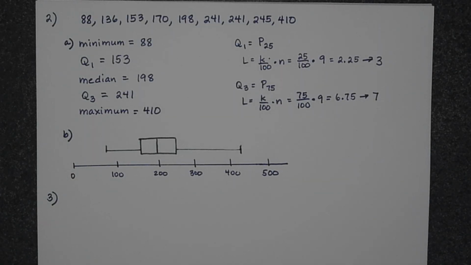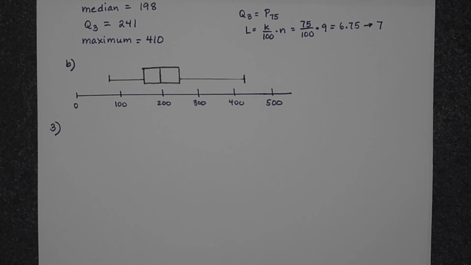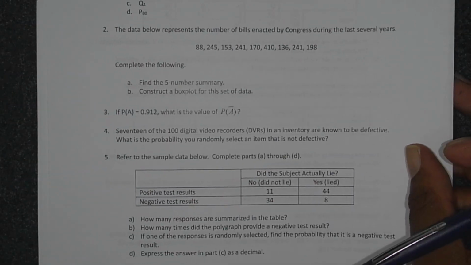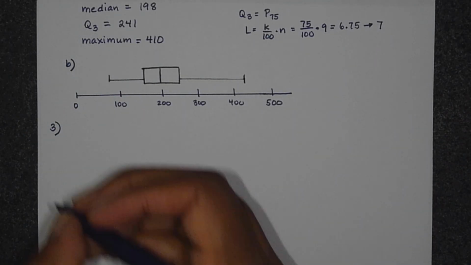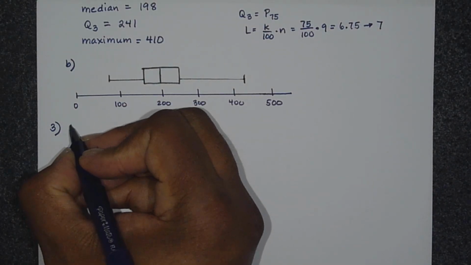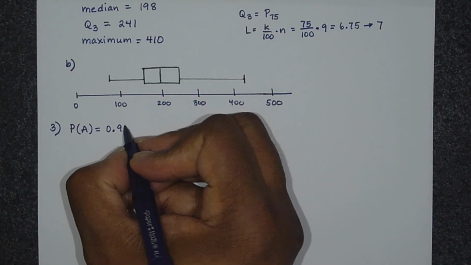Okay, any other questions? Okay, now number 3. If the probability of event A is 0.912, what is the probability of the complement of A, which is what A bar means? So you have the probability of event A, that's going to be 0.912.